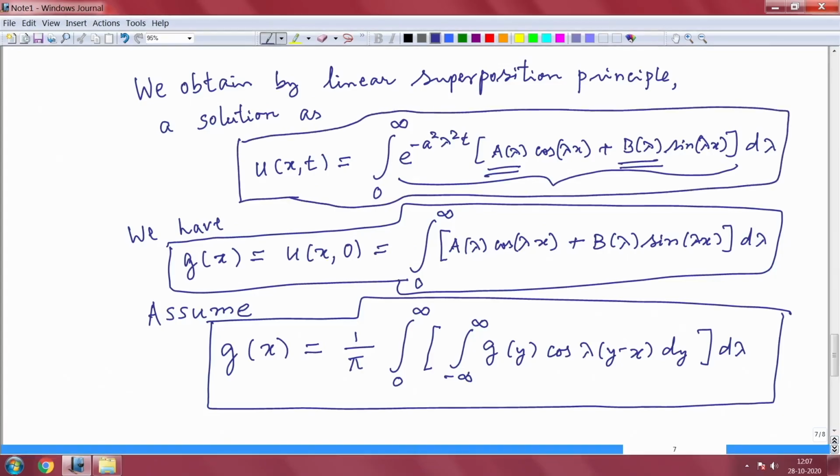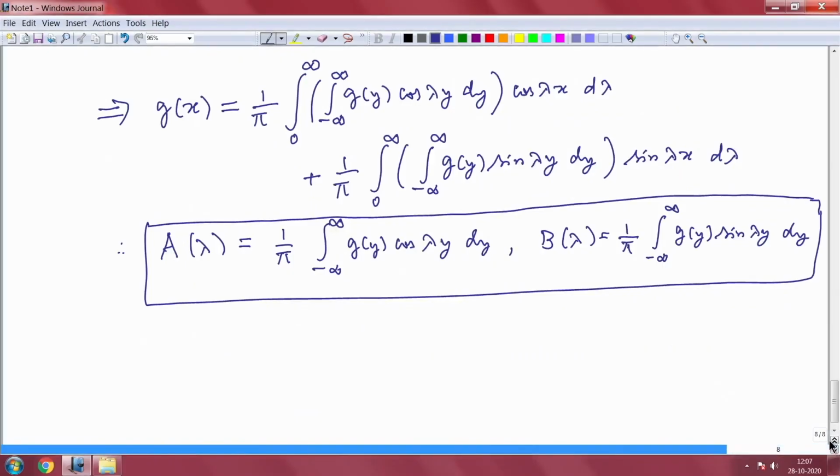You just substitute there and make some simplifications. I am skipping a few steps here, and since there are two double integrals, you also interchange the integrals.